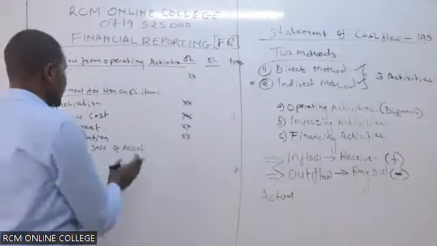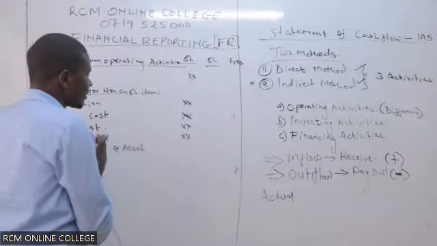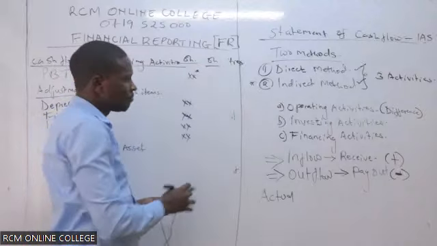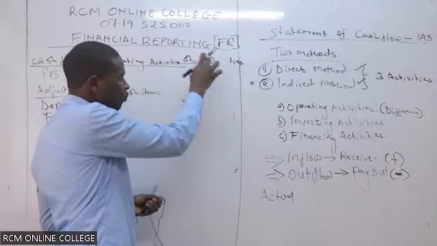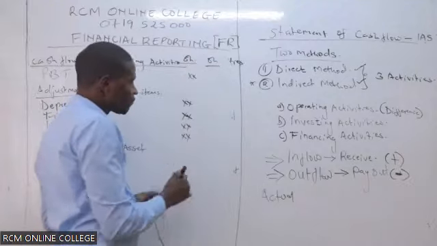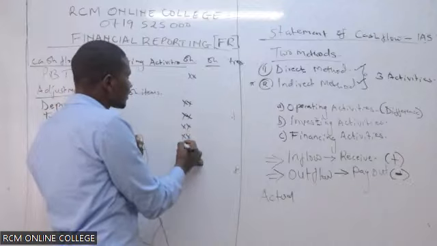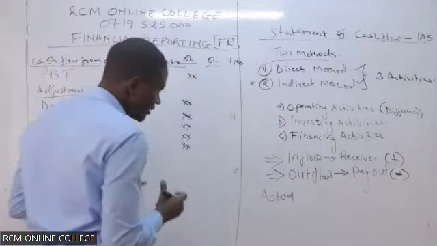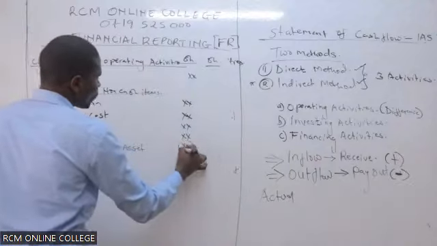Yes, since gain is an income, it was added for us to get our profit before tax. Therefore, we are going to subtract it in order to adjust this profit to its normality.